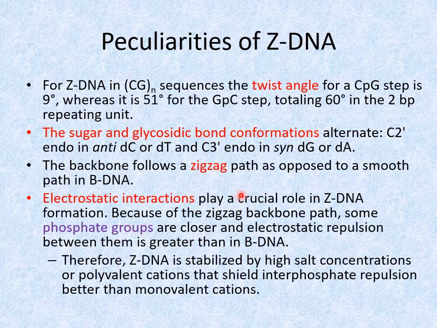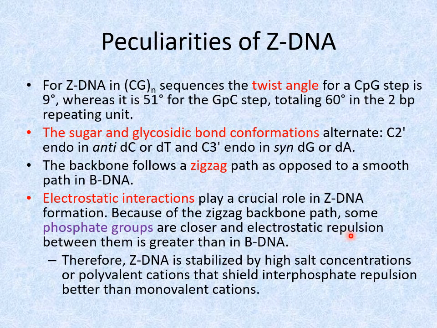Now this zigzag path that is adopted by the DNA molecule in case of Z-DNA is because of the electrostatic interactions. Since the backbone is a zigzag path, the phosphate groups are closer to each other and they are negatively charged.